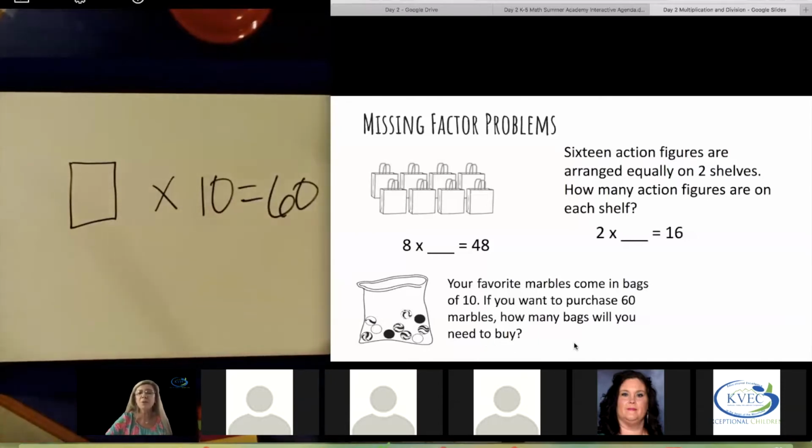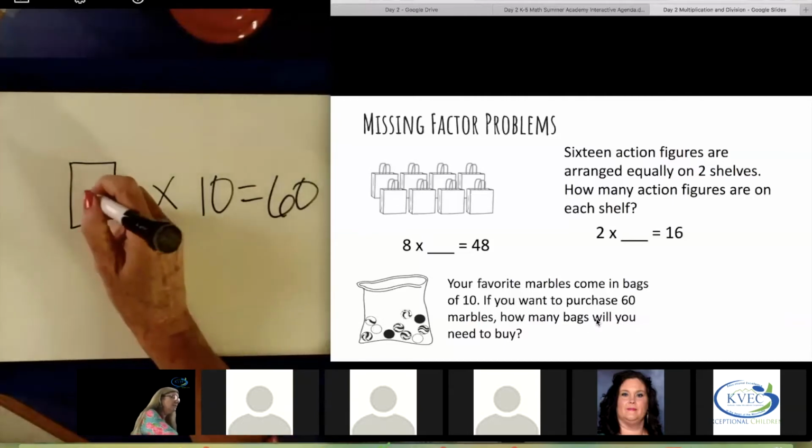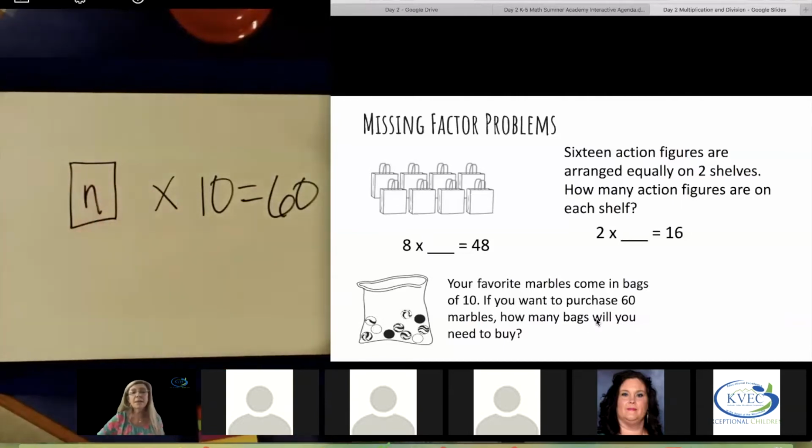This remind you all of something we talked about yesterday? What's this looking like? Remember how we talked about the missing add-ins is a link directly into algebra? Missing factors are also. I could see how that would help them when they get ready for algebra. Yes. All you do is plug in a letter.